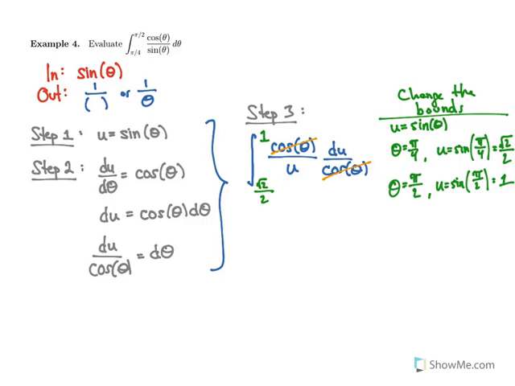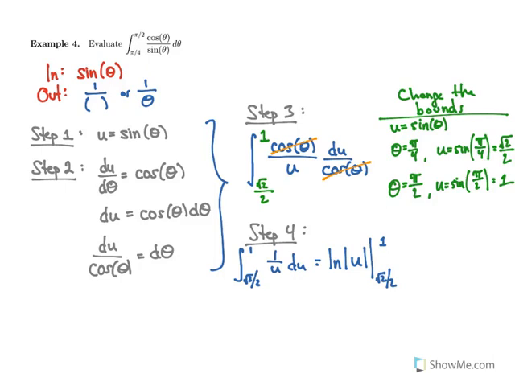And now we can go to step 4, which is actually take the antiderivative. So we have that this antiderivative, all in terms of u, is going to be equal to natural log of the absolute value of u evaluated from u equal to square root of 2 over 2 to 1. And since those are u values, we do not need to translate them back into theta values.